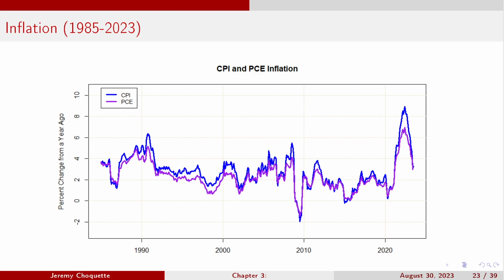That's because of the effect that food and gas prices are having on these overall price indices. If you're trying to use something like monetary policy, it takes time for monetary policy to take effect. You want to be looking at changes in trends that generally move at about the same frequency that you would expect monetary policy to take effect as well.